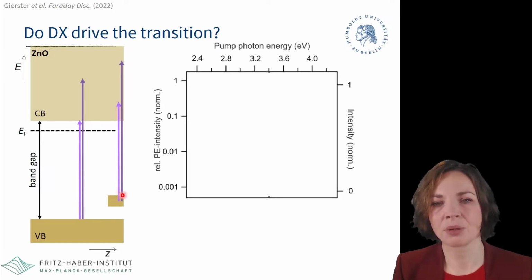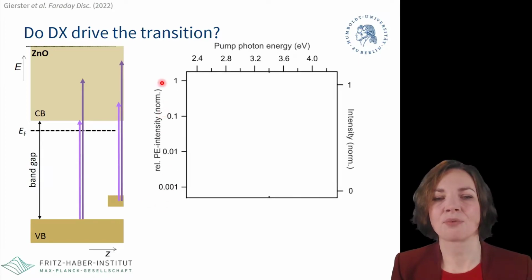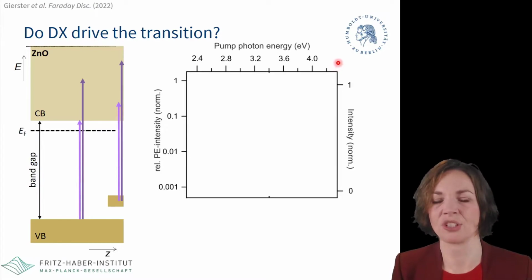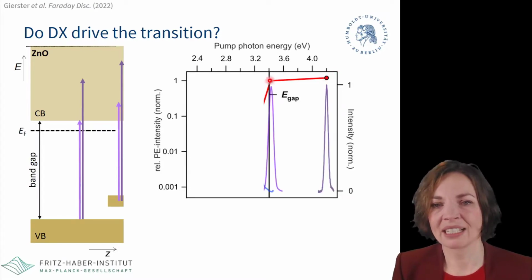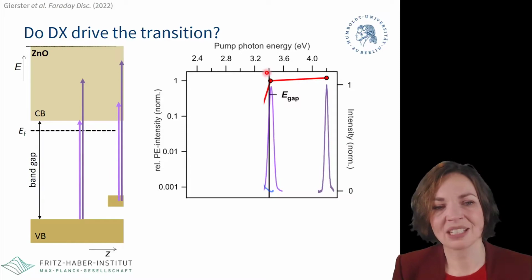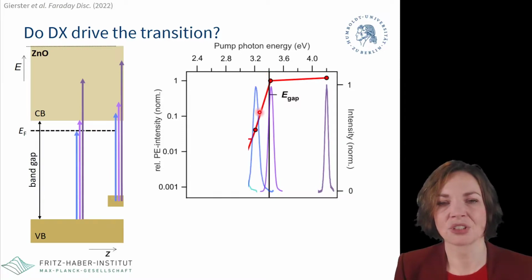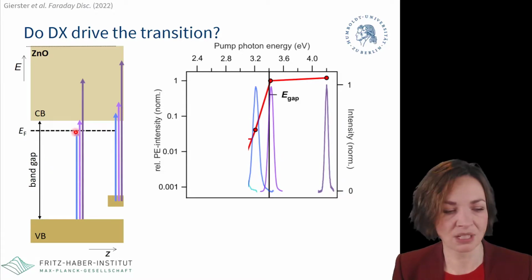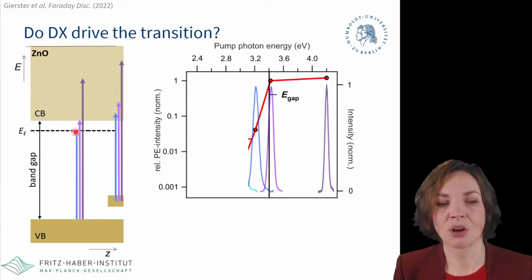So now I will plot here the photoelectron intensity of the photoexcited metallic phase for different pump photon energies. For UV light excitation, clearly we observe a metallic state, and we still do observe it actually when we use 3.2 electron volt photoexcitation, which is remarkable because 3.2 eV is below the band gap of zinc oxide.